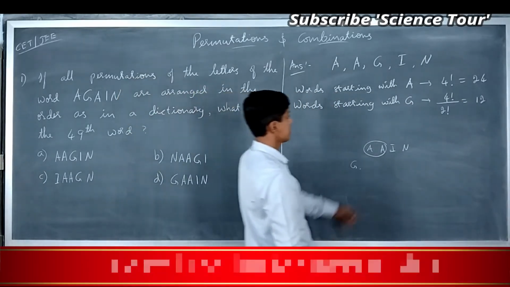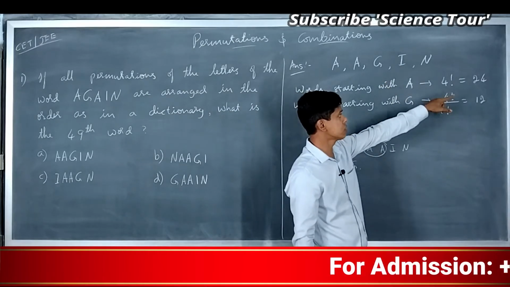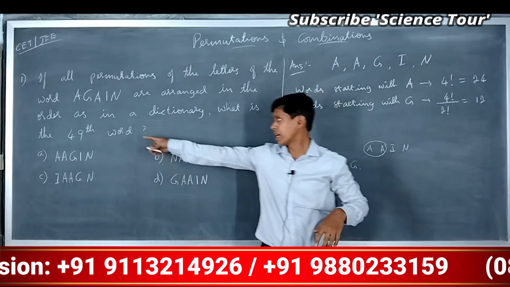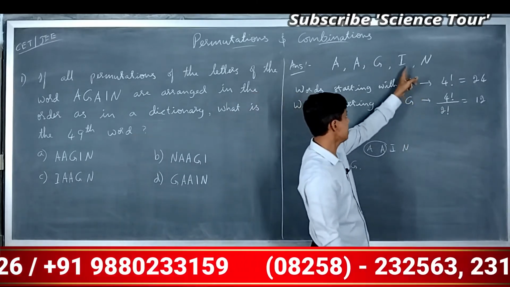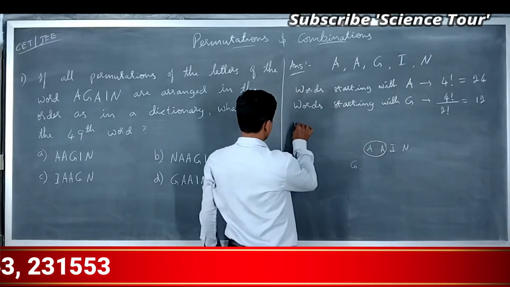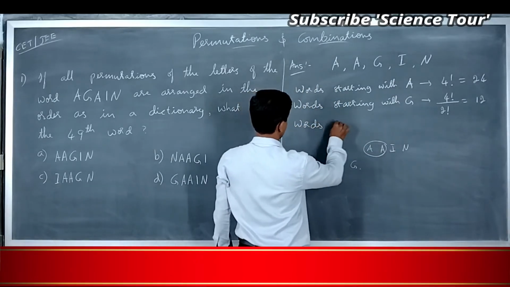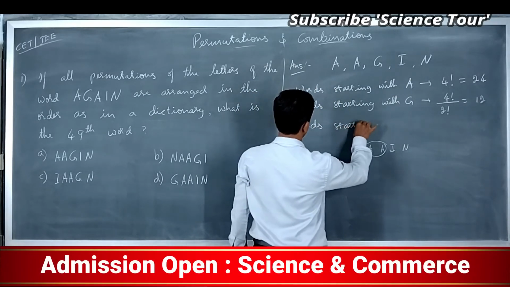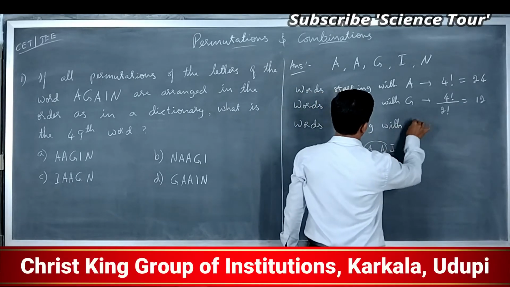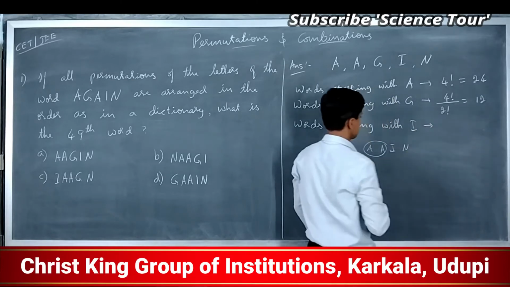Next, what is the next alphabet? So how many words are done? 36. So we need the 49th word. Now understand, next, words starting with I. How many words are there starting with I?